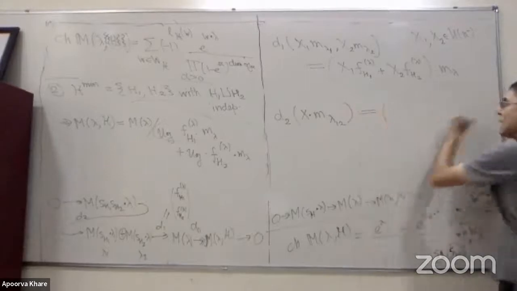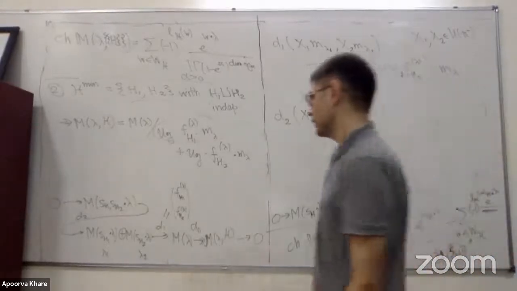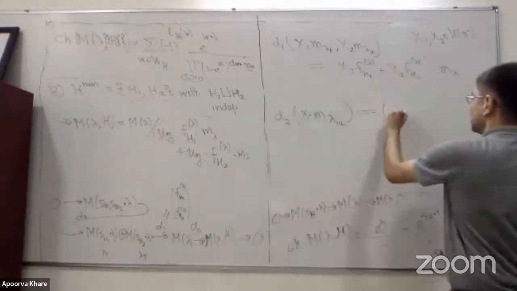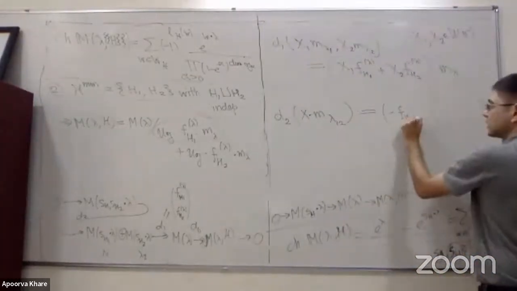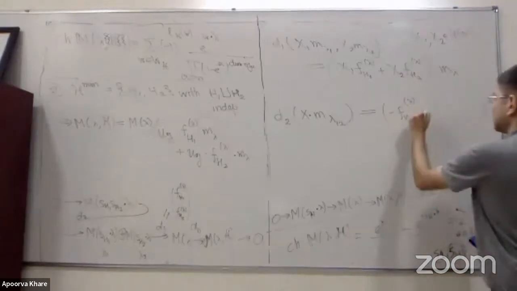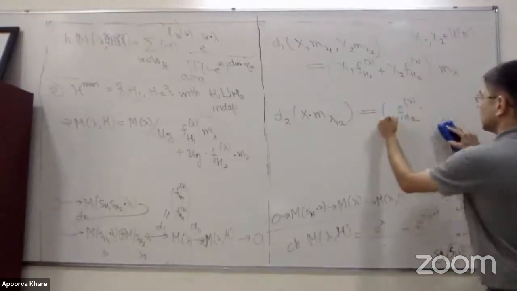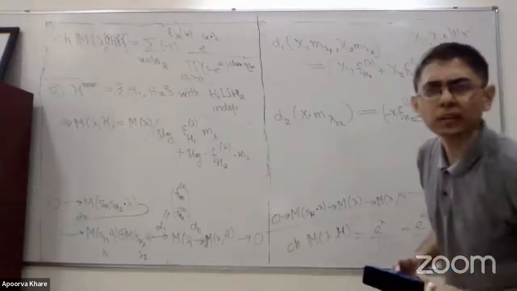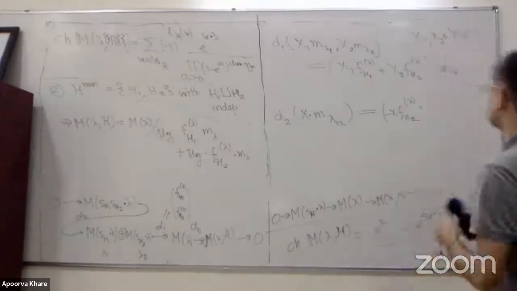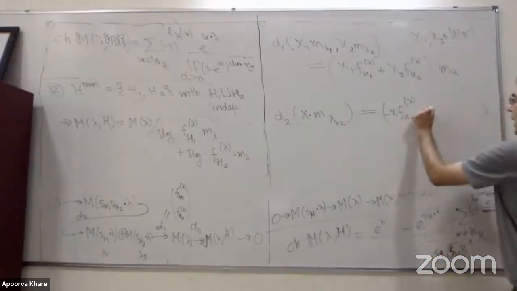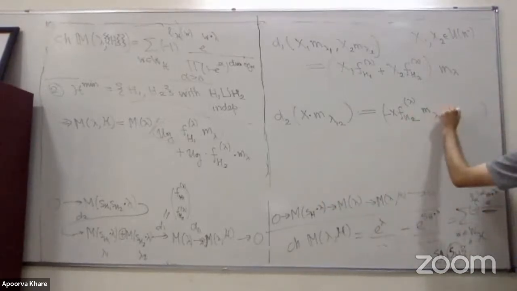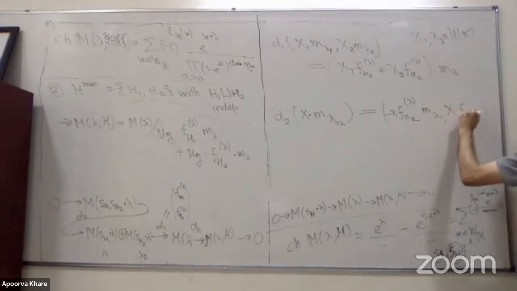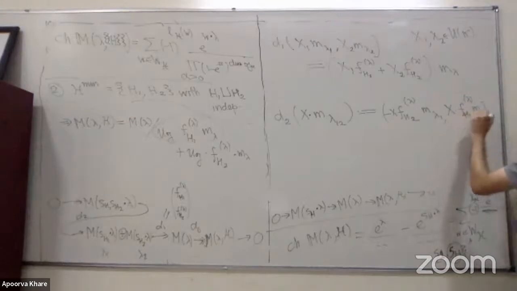Okay, and now I need two coordinates. The first one is going to be minus X times F H2, I suspect, times m lambda 1, and then plus X times F H1 lambda m lambda 2.